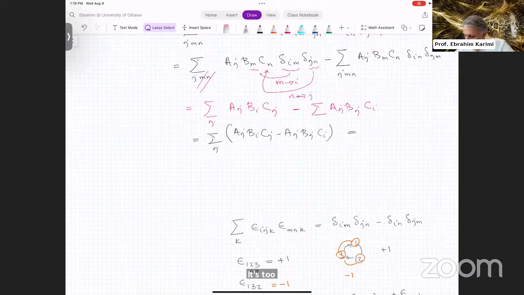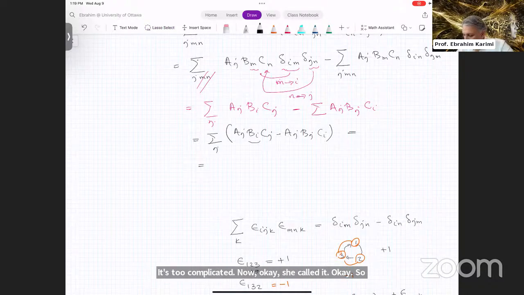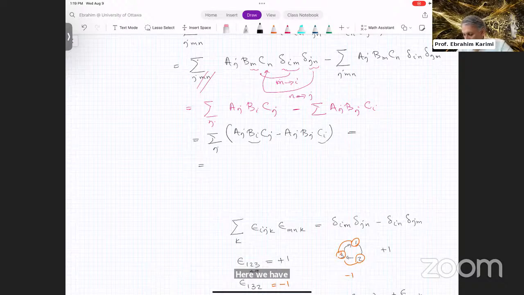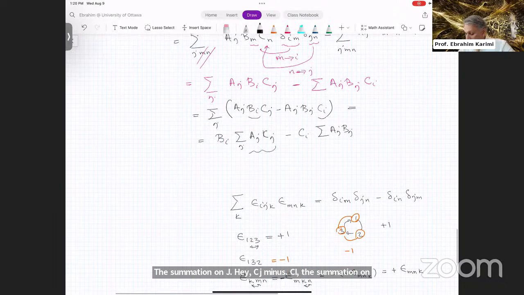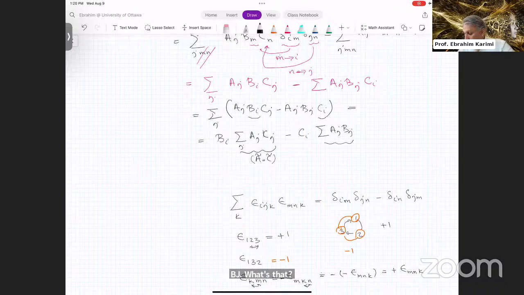So here we have BI, here we have CI, and the summation is over J. So indeed, I can write it as BI, the summation on J, AJ, CJ, minus CI, the summation on AJ, BJ. Essentially, this is A dot C, and this one is A dot B.